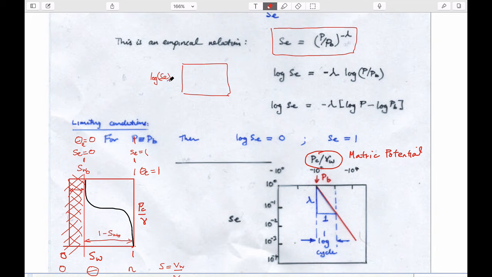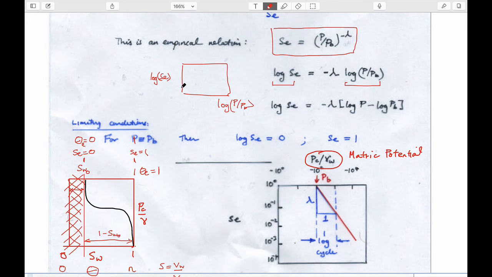Log of effective saturation, log of pressure divided by the bubbling pressure. So this is one term on the axis, this is the other term on the axis, and they're joined by this term here. So this is just the gradient.